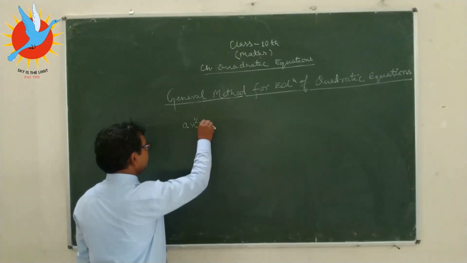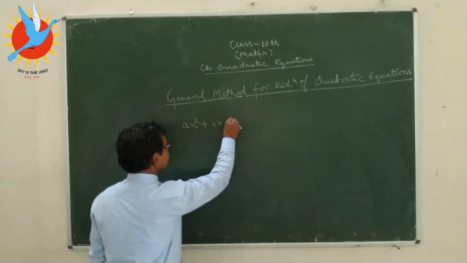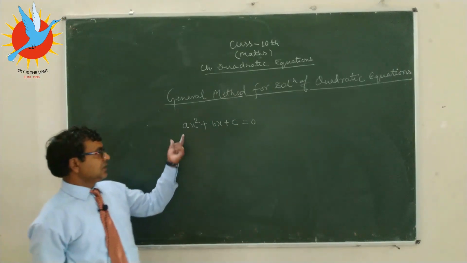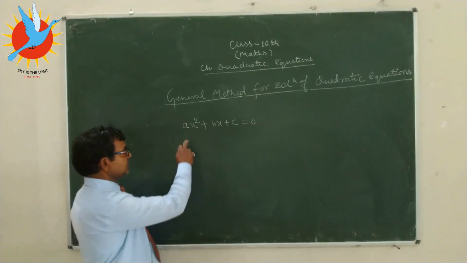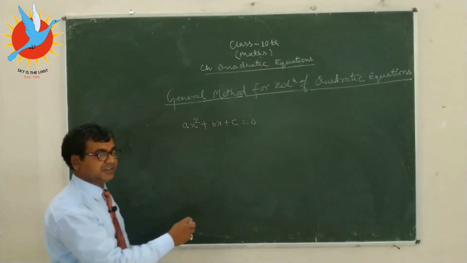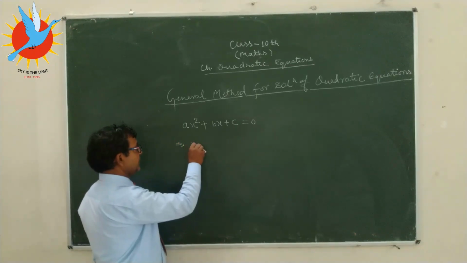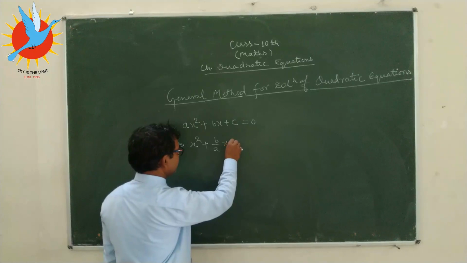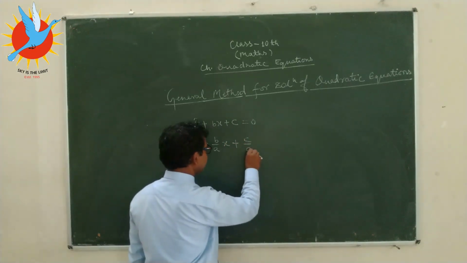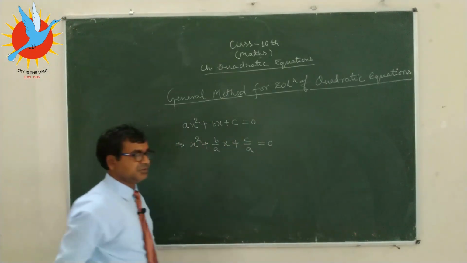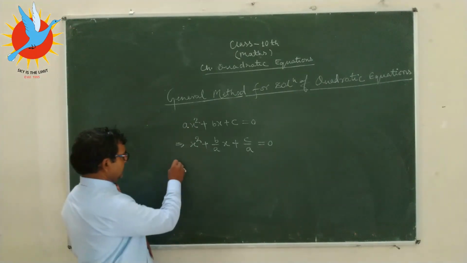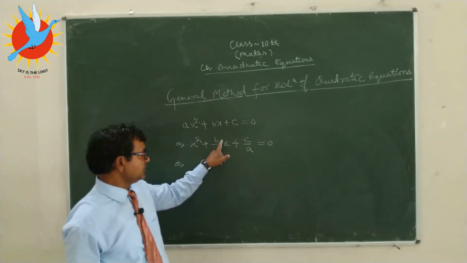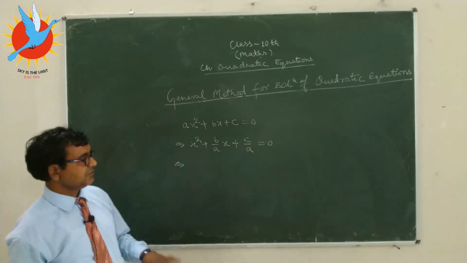Quadratic equation ax square plus bx plus c equal to 0. Now if you divide the entire equation by a, we have x square plus b by a into x plus c by a equal to 0. Now the coefficient of the middle term is b by a. What we have to do?